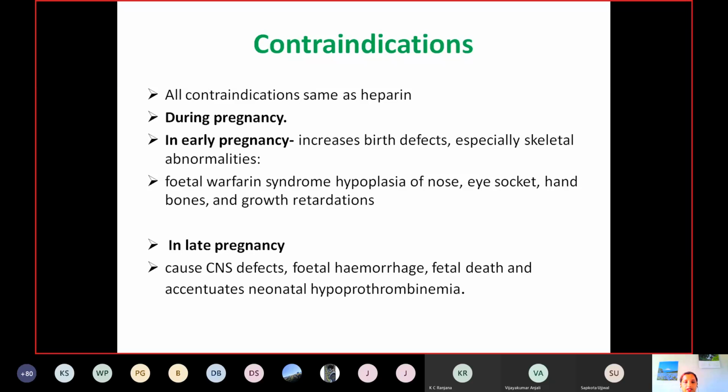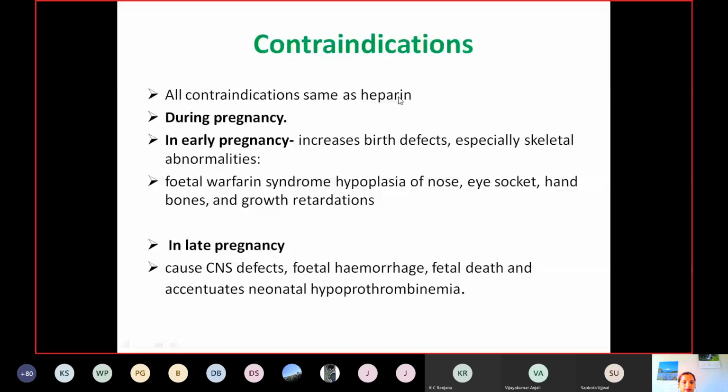So these are all the contraindications of heparin. These contraindications also apply to warfarin, and other than this, warfarin cannot be given in case of pregnancy, because it can easily cross the blood-brain barrier, whereas heparin can be given in a pregnant lady as well.